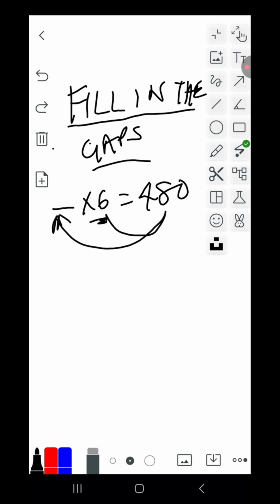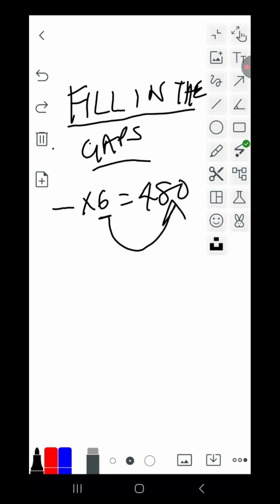Then you need to look out for the operation sign, because this operation sign determines what we do with this 6, whether to multiply, divide, add, or take away. In this case, with the multiplication sign, we need to find the inverse, because we need to move this 6 to the other side.